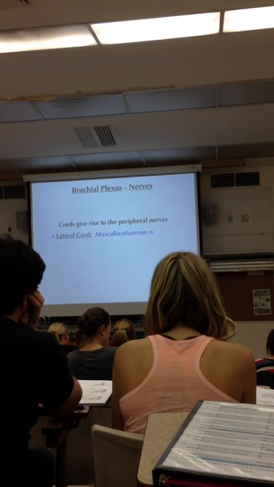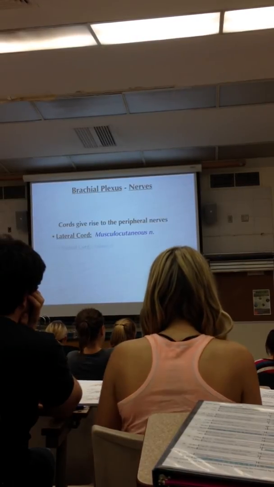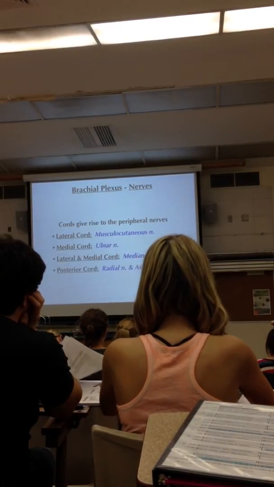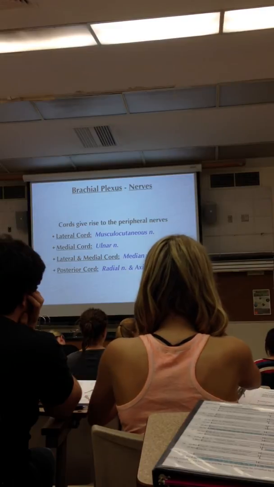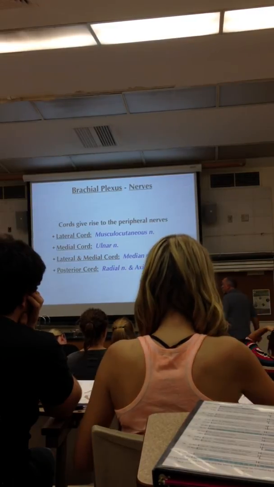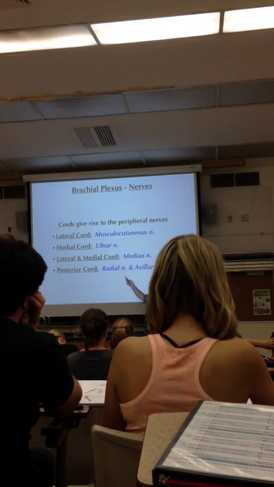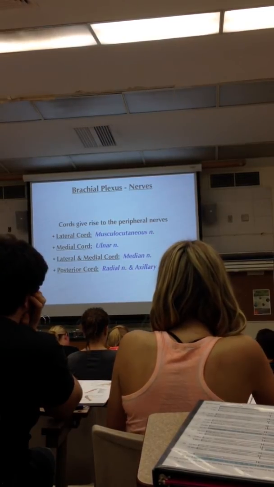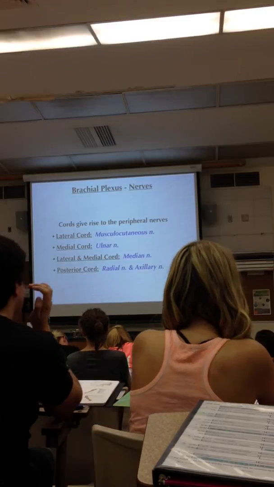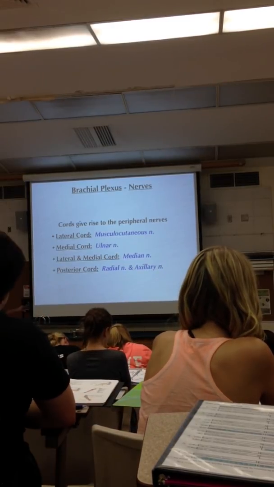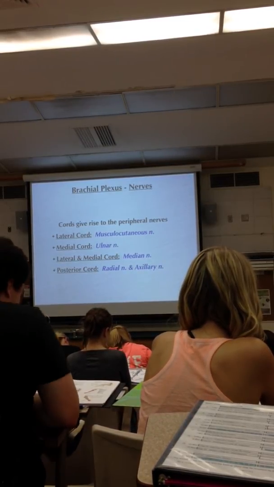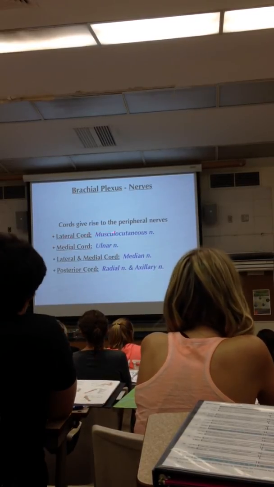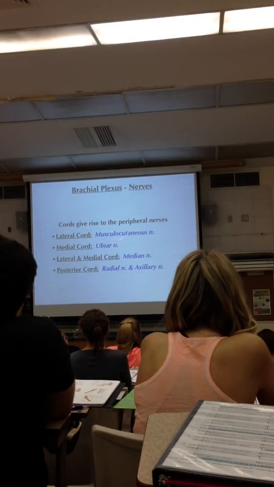Now, what you got to do is what do the chords turn into? First off, the easiest one to remember is the posterior chord. It just turns into these two nerves. Okay? The radial nerve and the axillary nerve. And then we're going to see what those go to. The lateral chord is going to give you the musculocutaneous nerve, okay?